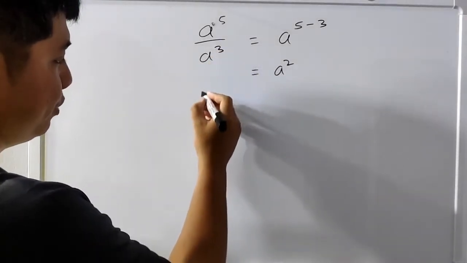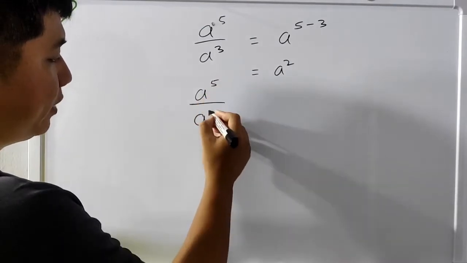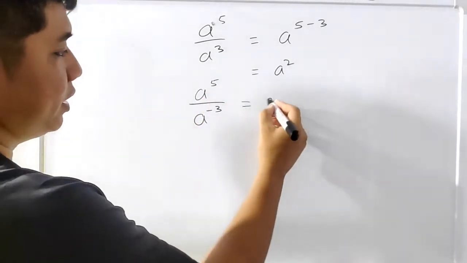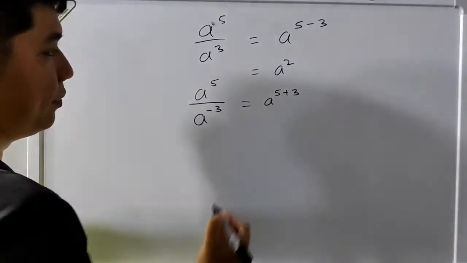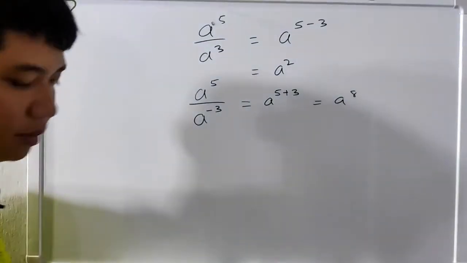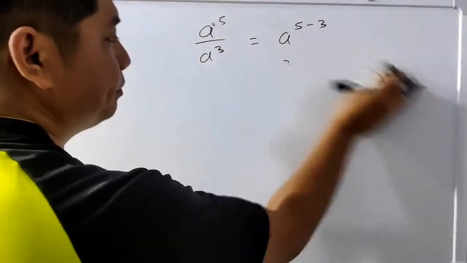If it is a to the power 5 by a to the power minus 3, if we take it up, it becomes a to the power 5 plus 3. 5 plus 3 is 8. It will be a to the power 8. You have to remember this.